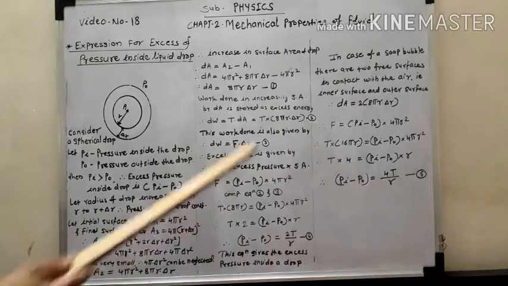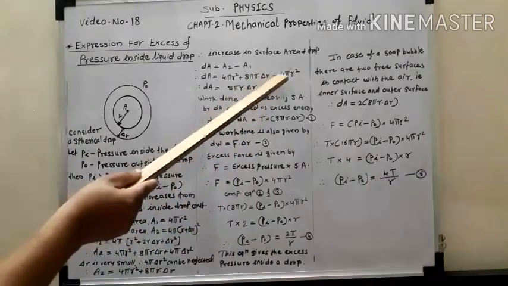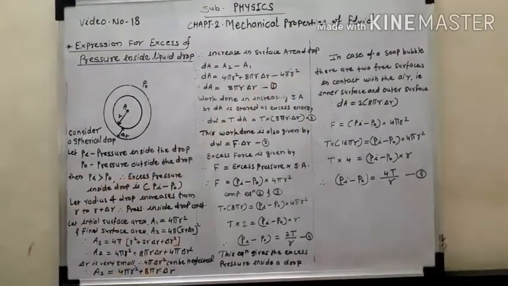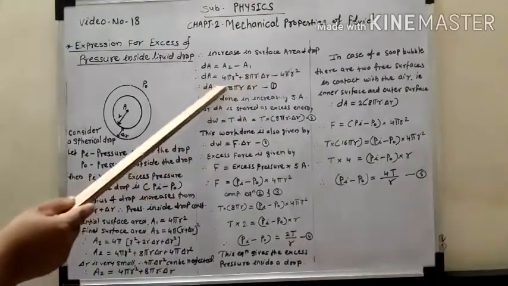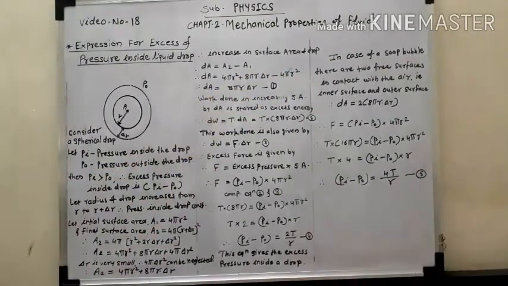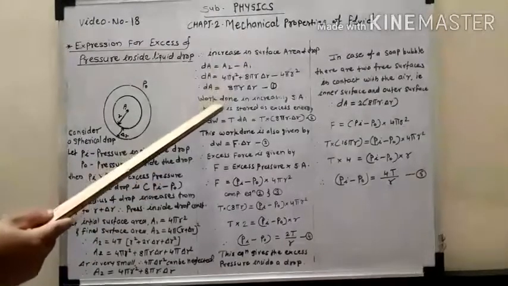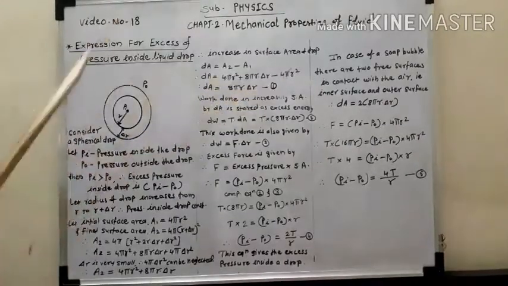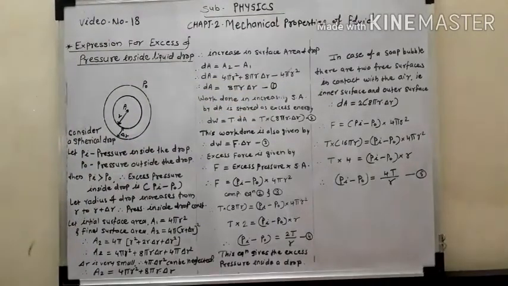The 4 pi r square terms cancel, and the remaining term is dA equal to 8 pi r into del r. This is equation number 1.